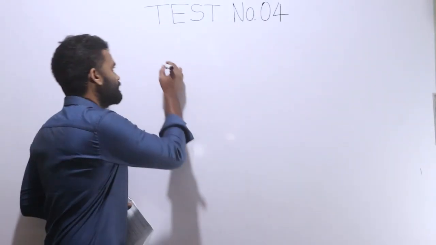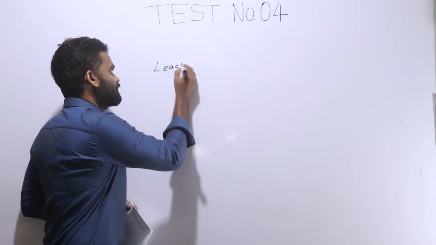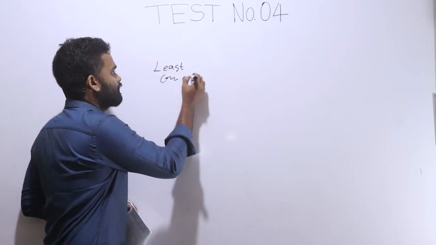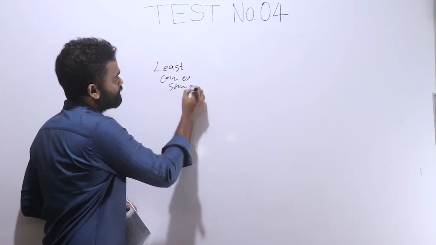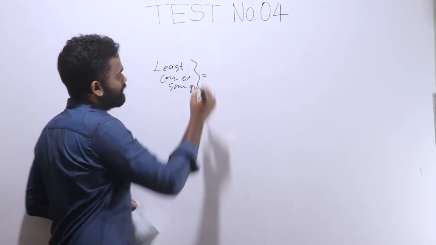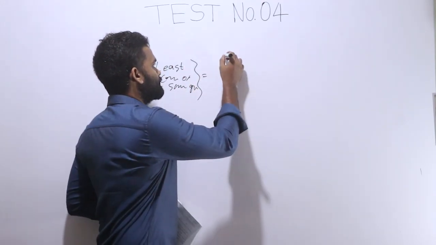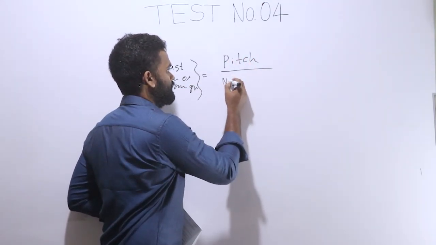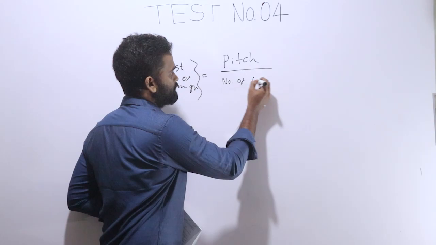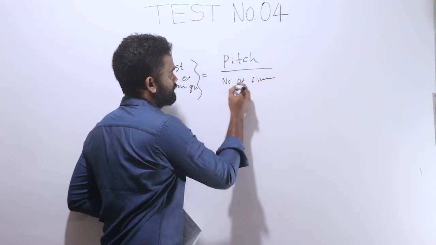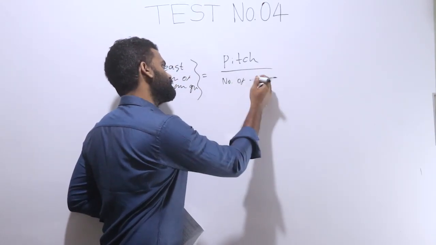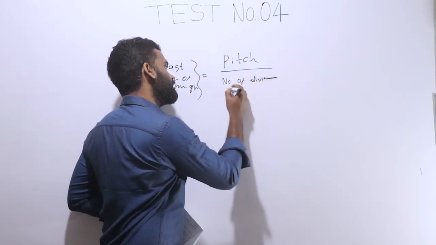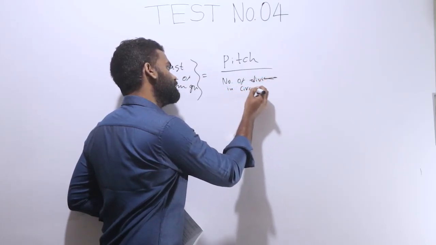The least count of a screw gauge can be measured using this equation: pitch divided by number of divisions in circular scale.